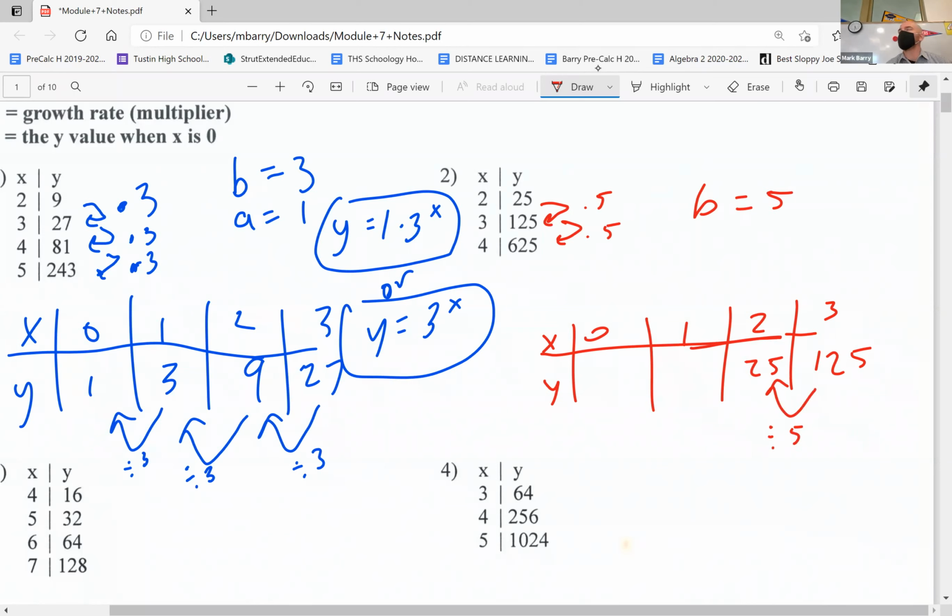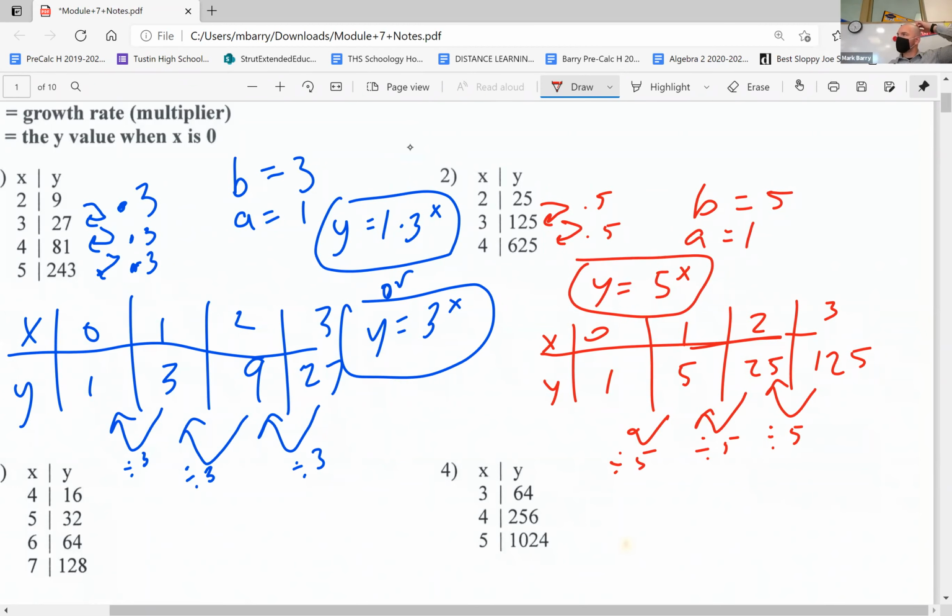So then I know if I build my table, since I'm multiplying by 5 going forward, I'd be dividing by 5 going backwards. So that one would be 5. And that one would be 1. So a is 1 again. So I could say y equals, I'm just going to say 5 to the power of x. So anytime a is 1, I'm going to go ahead and make it invisible.